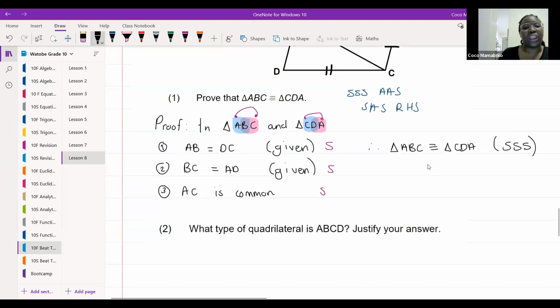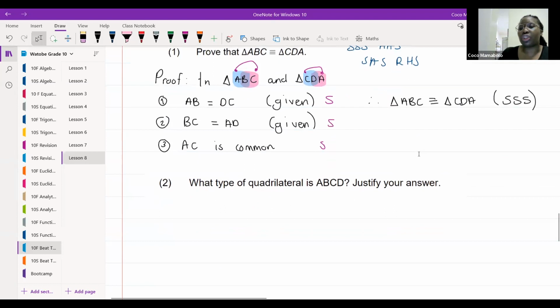Okay, we can say that it's a parallelogram. And the way we're going to do this is we're going to use, who remembers that acronym that we learned? After we've proven that two things are congruent, what is that long thing that we learned? That's the one. It's missing something, right? CPCTC, which stands for corresponding parts of congruent triangles are congruent.